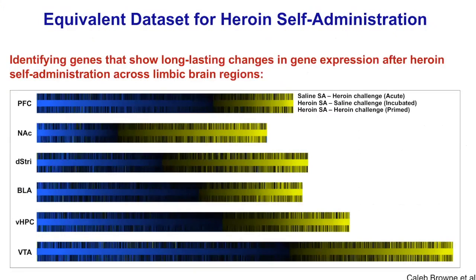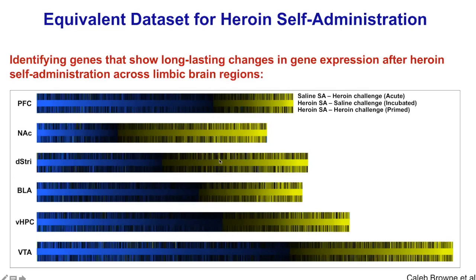I did want to say that in parallel, more recently, Caleb Brown and many others in the lab have now carried out an identical experiment looking at heroin self-administration. This gives you a bird's eye view of the data set of these chronic 30-day time points of an acute heroin response, this incubated heroin response 30 days after heroin self-administration, or primed heroin response 30 days after heroin self-administration following acute heroin challenge.